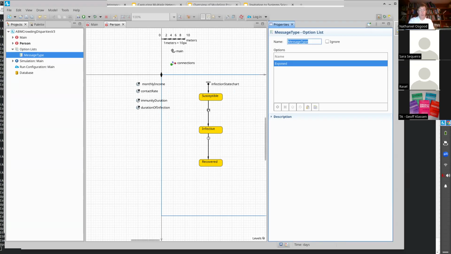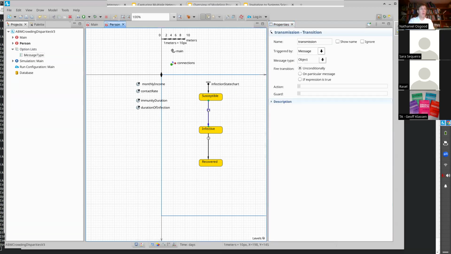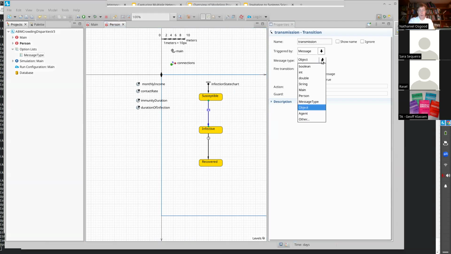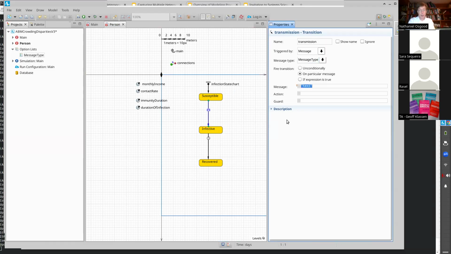And now, for this transition, I'm going to have it be set on a certain message type. It's triggered by a message, on a particular message, and the message is exposed. If I'm sent a message that says exposed, I'll say, yes, ma'am, and I will get infected.